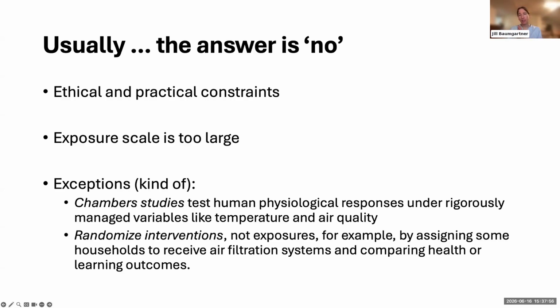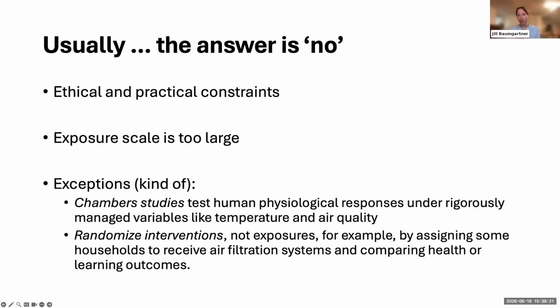And then the other piece of this is that we can randomize interventions. So we can't randomize exposure to air pollution in most cases, but we can randomize intervention. So, for example, by assigning some households to receive an air filtration system, and comparing health or learning outcomes, right?